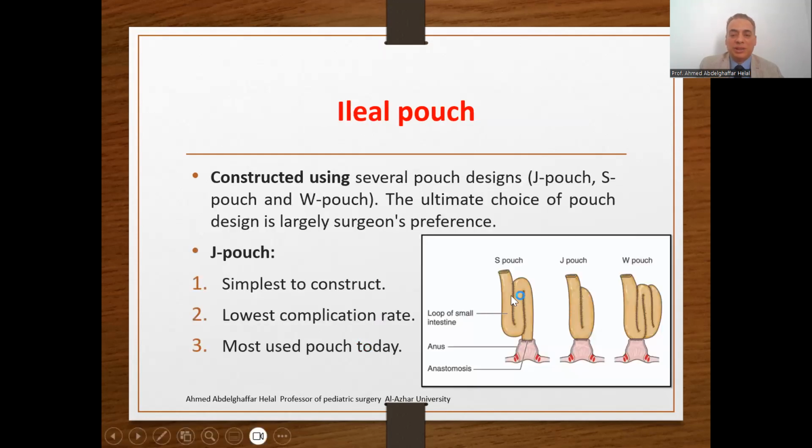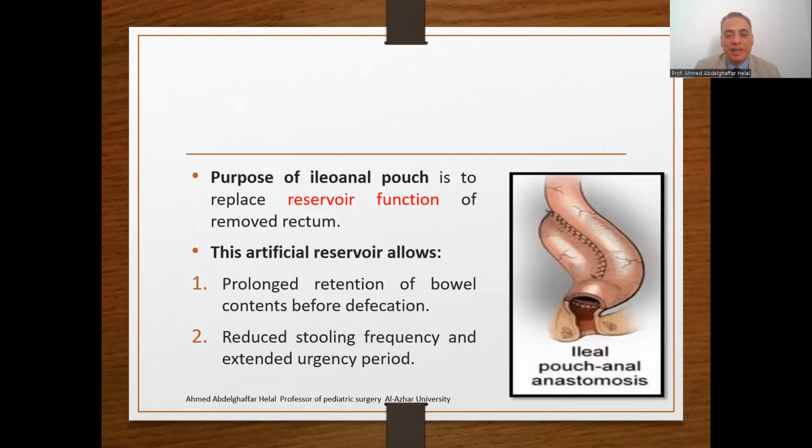The ileal pouch is most important, like S pouch, J pouch, W pouch. It can be constructed using several designs. The J is the simplest, with a lower complication rate, and is mostly used today. Then the end of the small bowel with the pouch created is anastomosed to the remaining part of the anal canal.